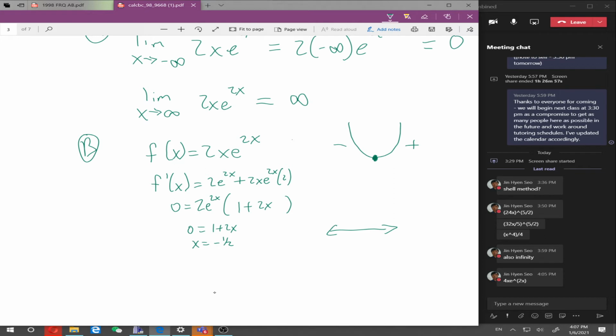But because they asked for an absolute minimum value, we need the smallest point on the interval, even if that point doesn't have a slope of 0. So I need to do a little bit more testing, but we'll test our slope first and prove this is a minimum. About the point negative 1/2, I want to know what's happening to our slope.